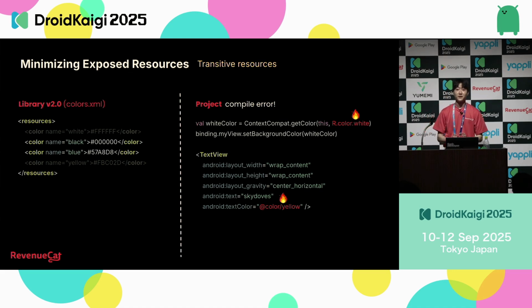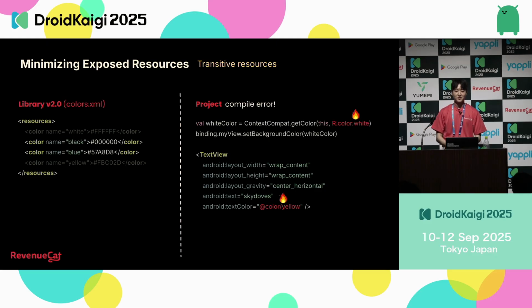And it's very difficult to debug where the resource comes from, especially when it has a very common name, such as blue, white, yellow, brown. And if a user updated several libraries at the same time, it's very time-consuming to figure out the exact reason.